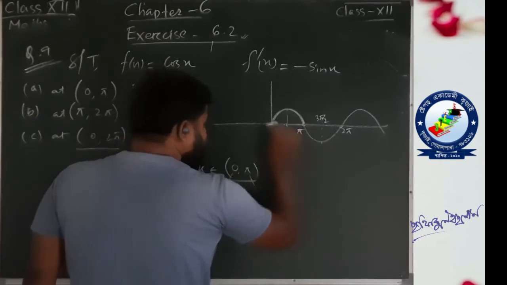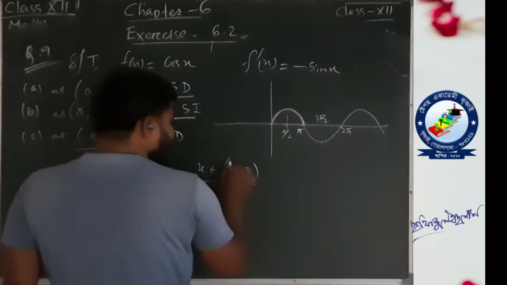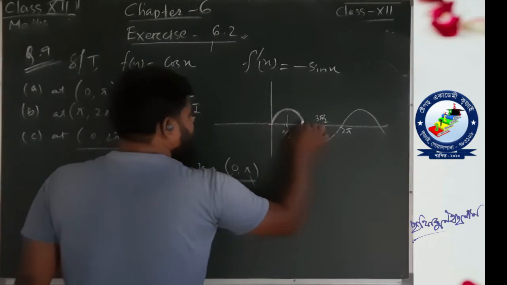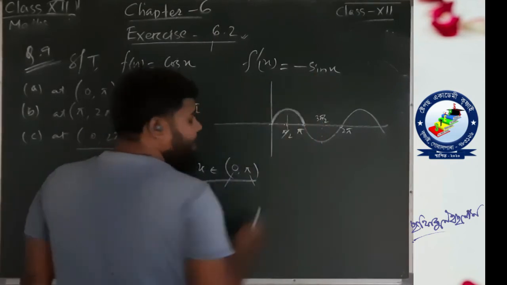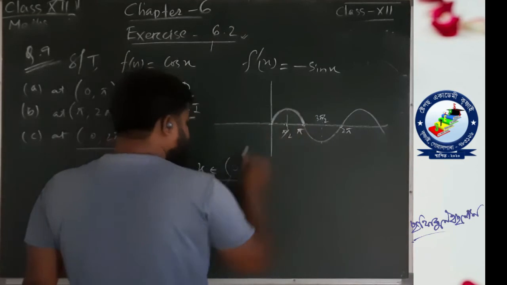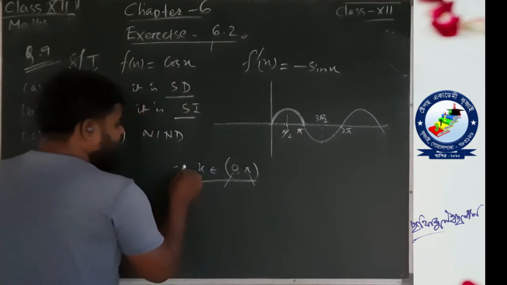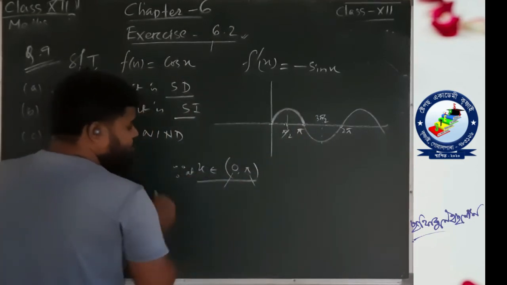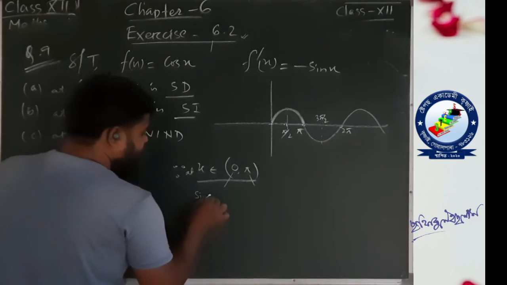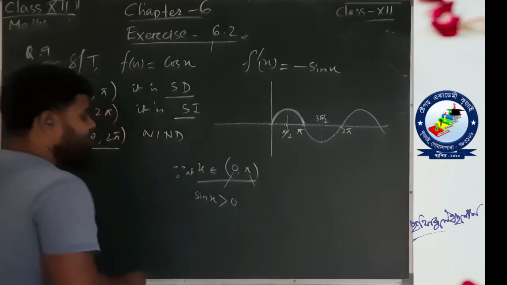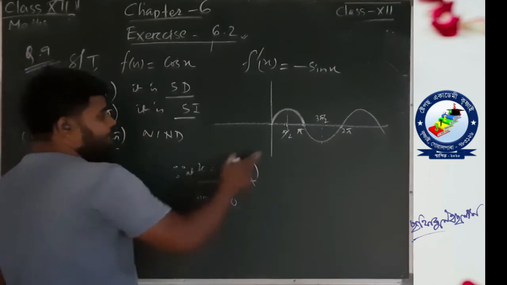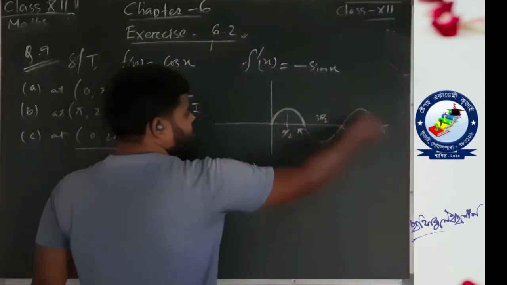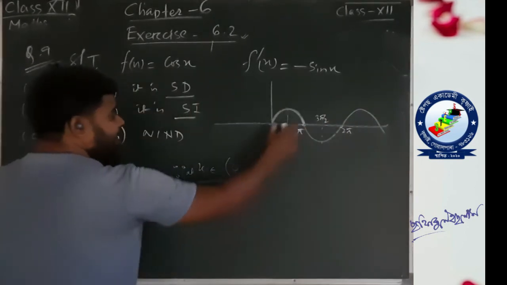So if these two points are not included, then in this interval, above the x axis, the value is positive. Since x belongs to this interval, sin x is greater than 0, right? This is the curve of sine. So sin x is greater than 0.